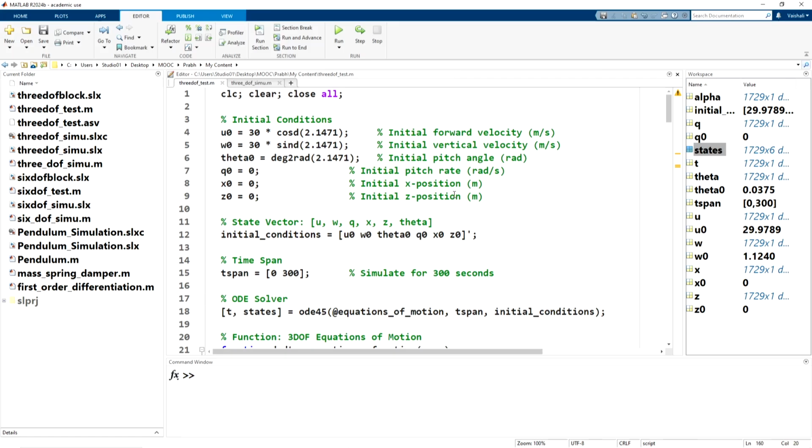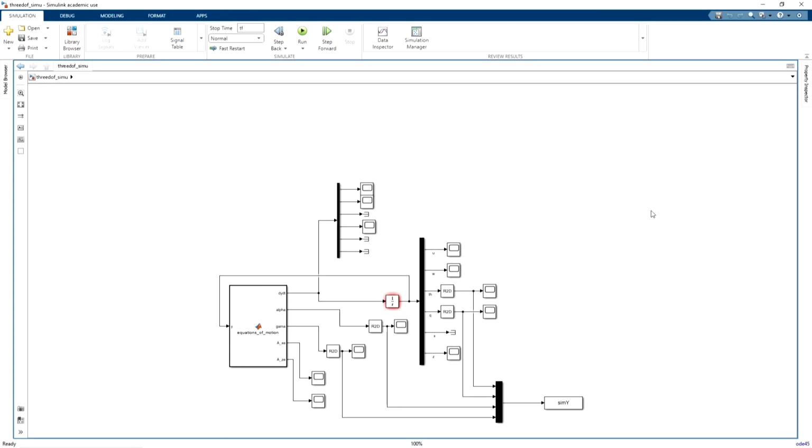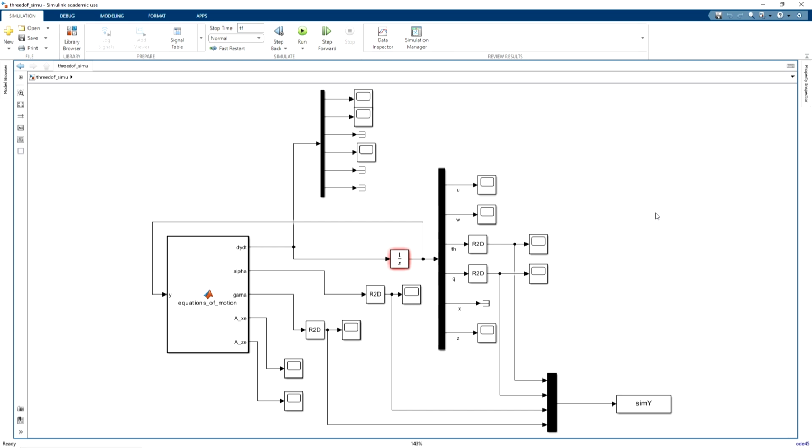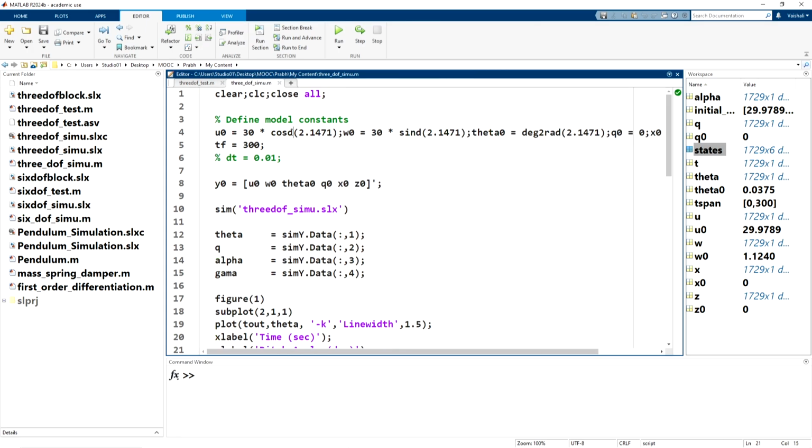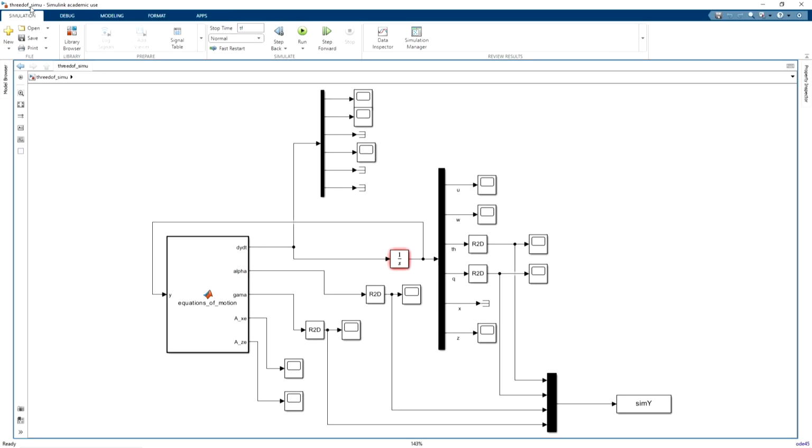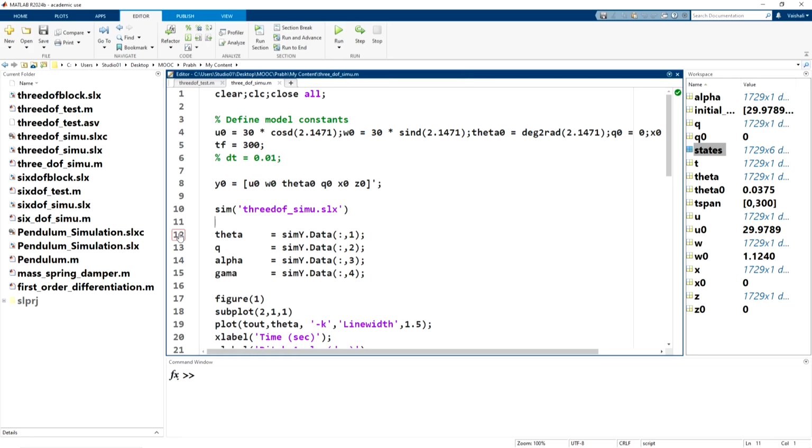All right. And to run this Simulink model, I have written another MATLAB code. This is the one. So everything remains the same over here, except I am calling sim 3DOF simu dot slx. So this is the file name, 3DOF simu. All right. So let me see if it is running well or if there is any error.